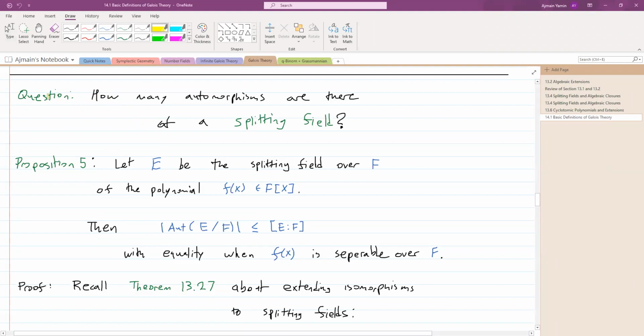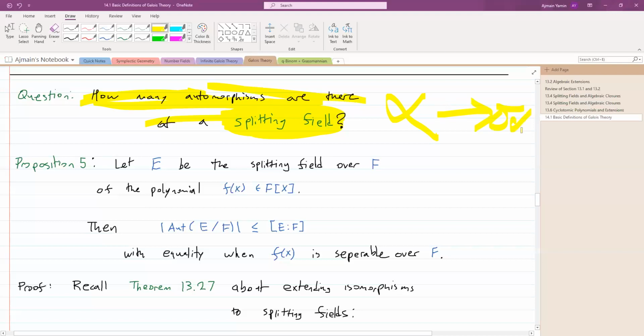Okay. So now the first question of the remaining part is, how many automorphisms are there of a splitting field? So why am I thinking about splitting fields first? Because we know that if you have an algebraic element alpha in an extension, then any automorphism has to send alpha to another root of the same polynomial, the minimal polynomial of alpha.